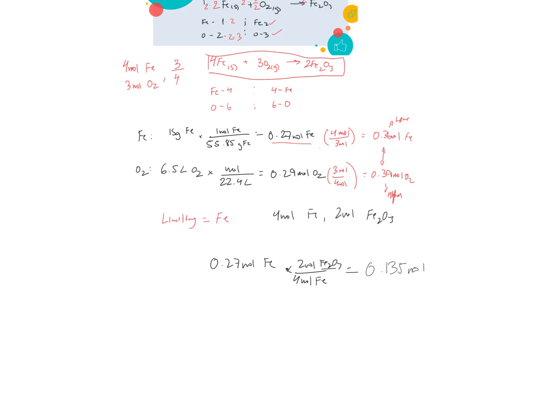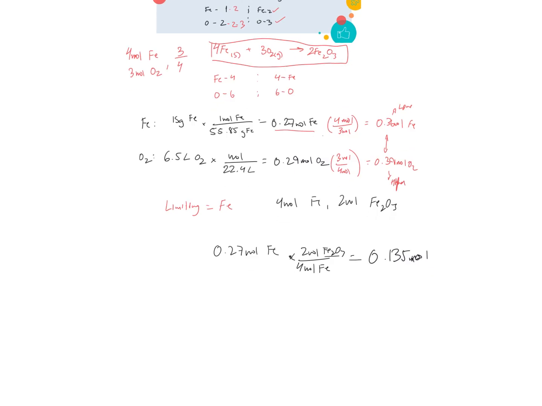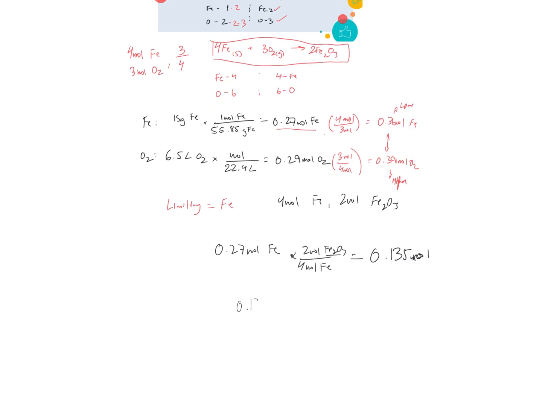Again, I know the sig figs aren't right, but I'll round at the end. And then I take 0.135 mole and just multiply it by the molar mass of iron oxide, which is 159.69 grams per mole. And I get 21.56 grams, or, of course, because we're rounding, we have 22 grams of Fe2O3 at the end.